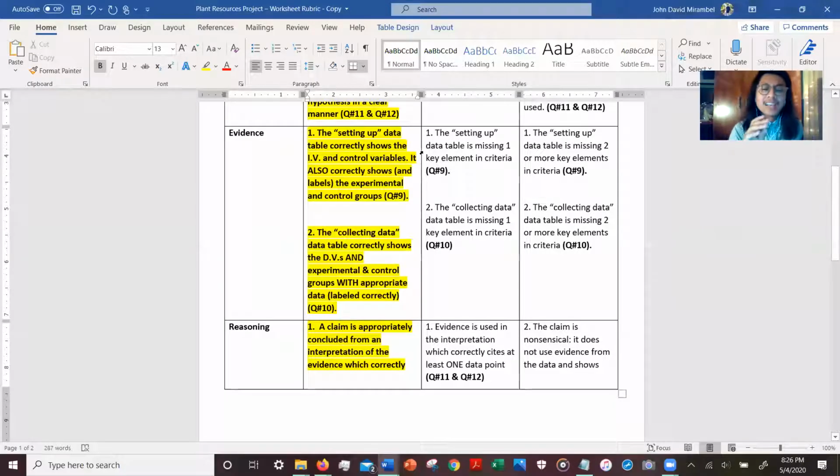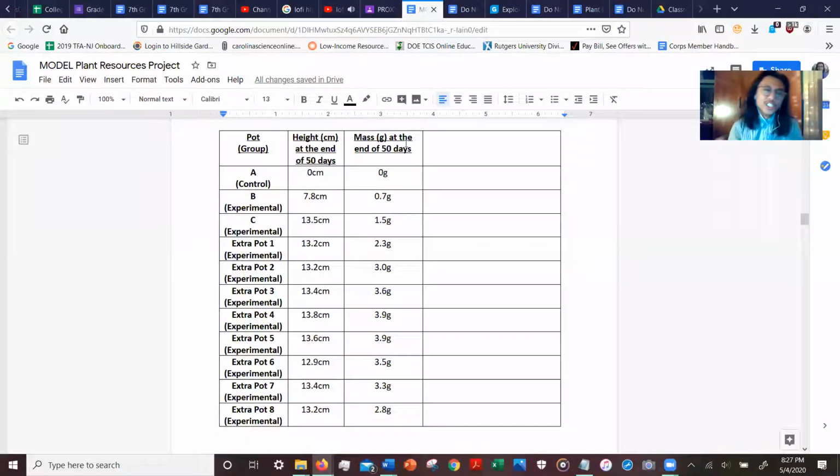Next, I need to collect data correctly, which means showing the dependent variables and the different experimental groups with the appropriate data. In short, this means that my dependent variables are shown in question number 10 and that I recorded my data correctly in each group.